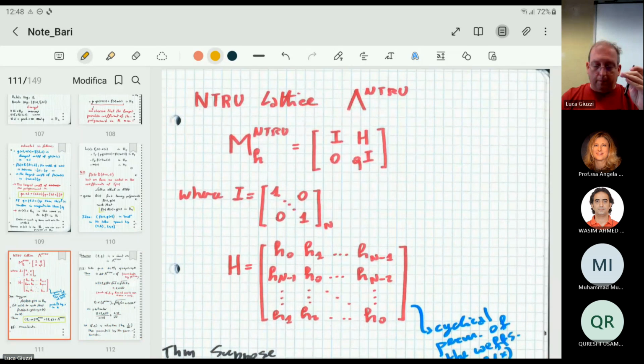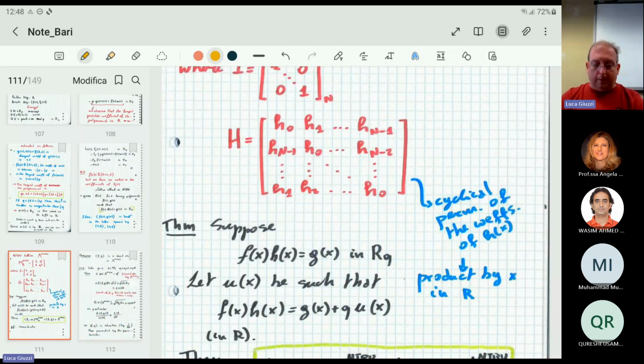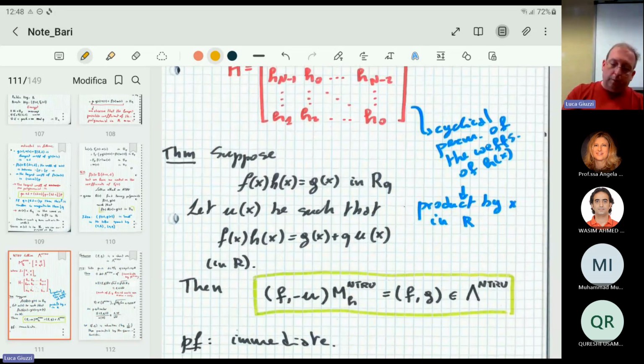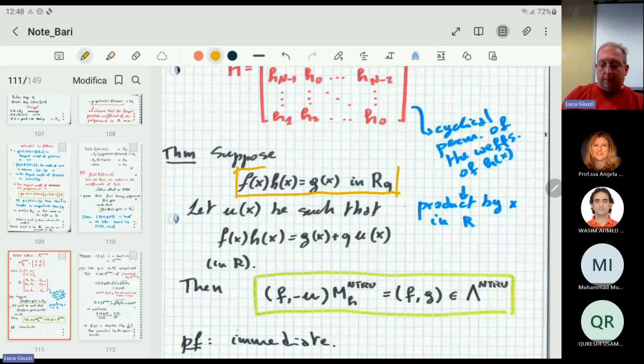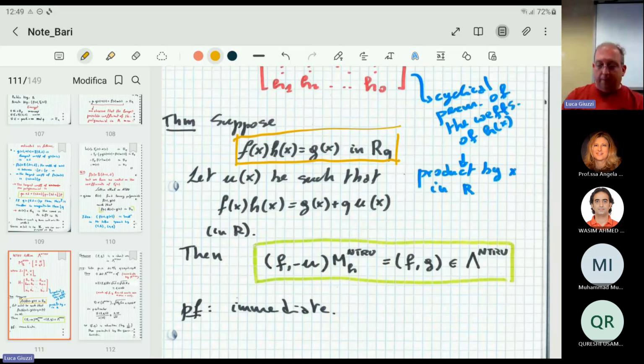Here we go. Remember what we want to do, this is our assumption. In some setting of integers modulo q and given some polynomials, we want to find f and g such that f times h is g.